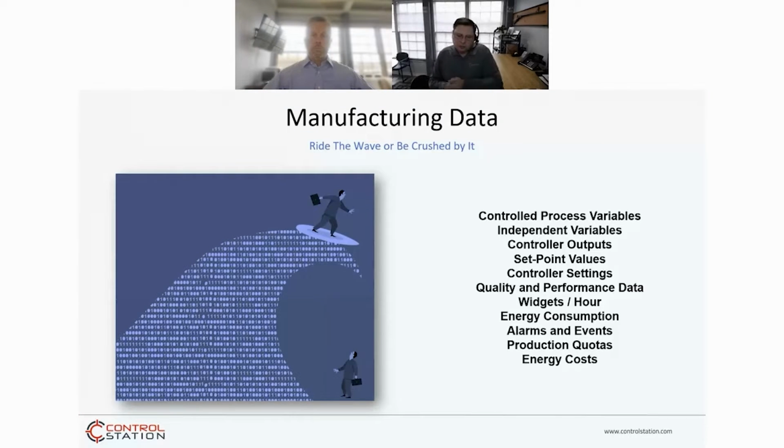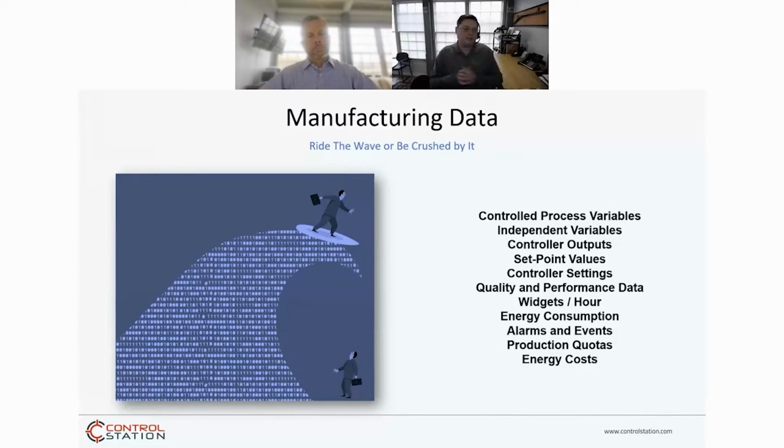Not just your traditional process data, your temperatures, your flows, your valve positions, stuff like that. You're actually starting to historize alarms and events. You're starting to historize incoming factors like energy cost, performance data, controller information and configuration data, network throughput, widgets and energy consumption, and a whole bunch of information across your entire site.